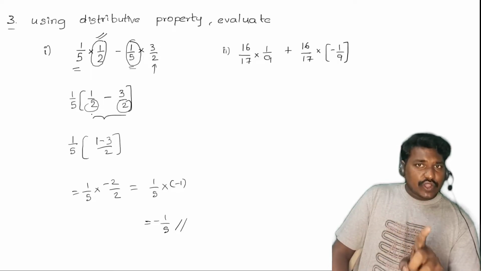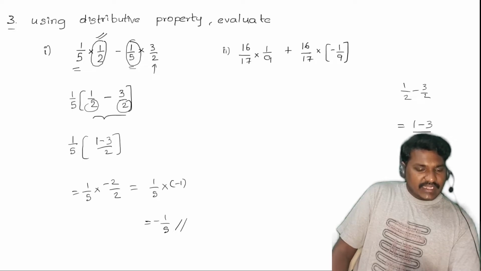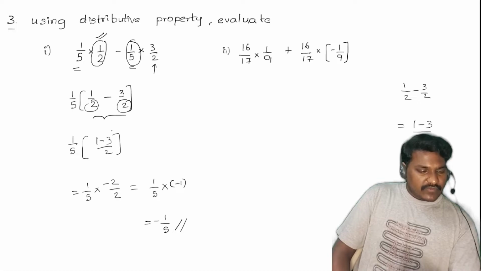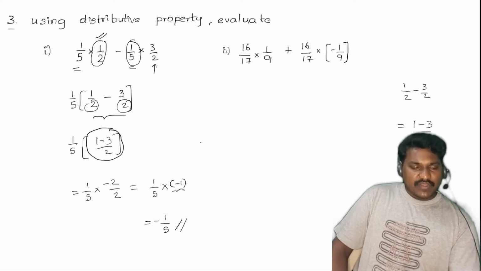Just solve for the numerators with the common denominator. So 1 by 2 minus 3 by 2 will become 1 minus 3 by 2, that is minus 2 by 2, and that becomes minus 1. So the fractions in the bracket give the answer minus 1, and 1 by 5 into minus 1 is minus 1 by 5.